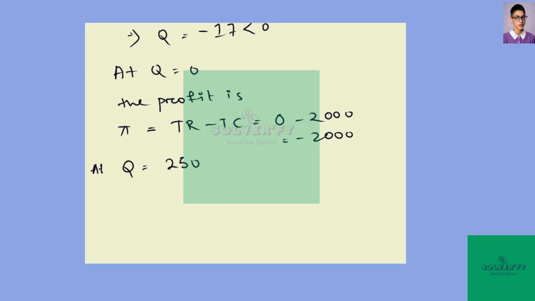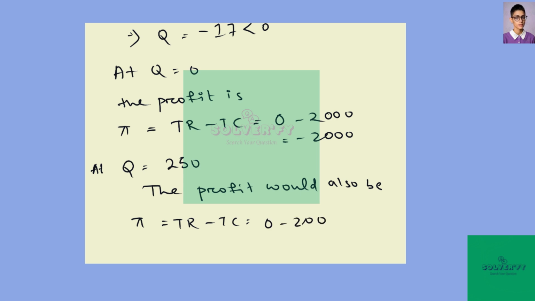So the profit would also be pi equal to TR minus TC, that is 0 minus 2000, that is minus 2000.